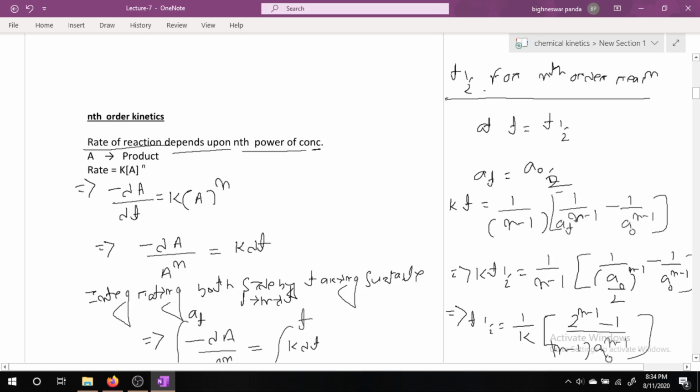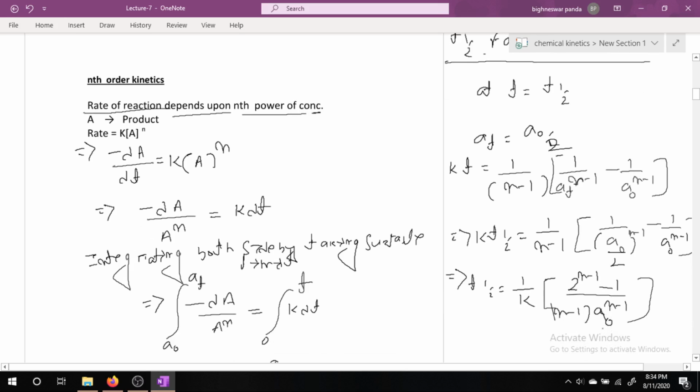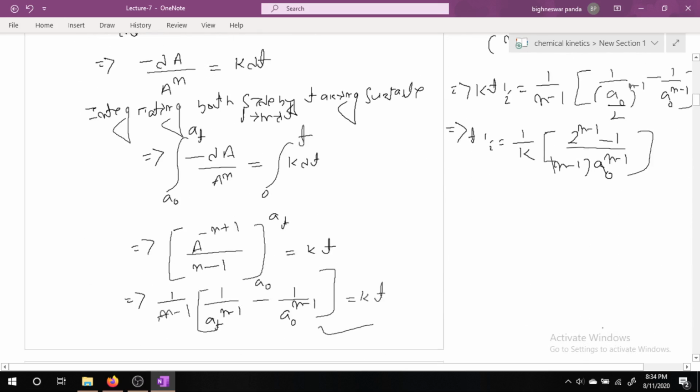So this is t half for nth order kinetics. A naught by 2 means A naught to the power n minus 1 divided by 2 to the power n minus 1, so I have taken 2 to the power n minus 1. This is t half for nth order reaction, and this is all about nth order kinetics.